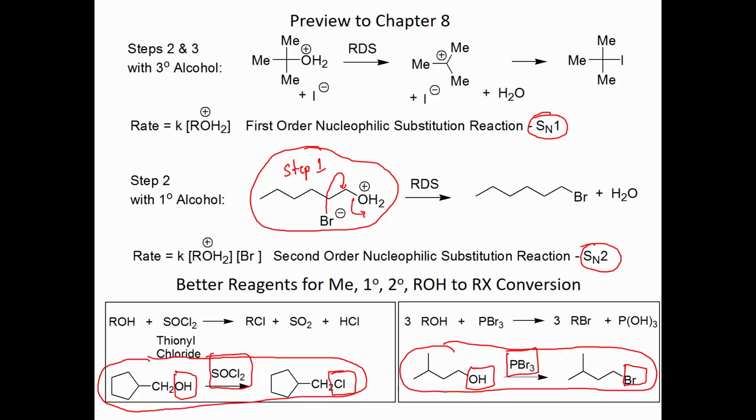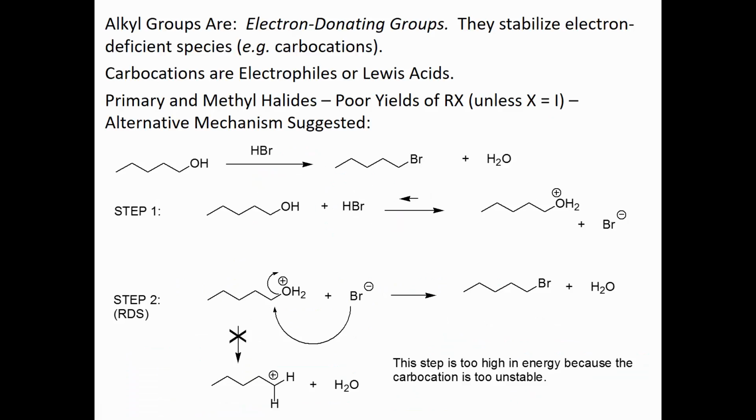We're going to see in the next chapter that another process becomes very important that makes it kind of detrimental to even try to use HCl or HBr to transform a primary alcohol into the corresponding primary halide. Okay, all right.